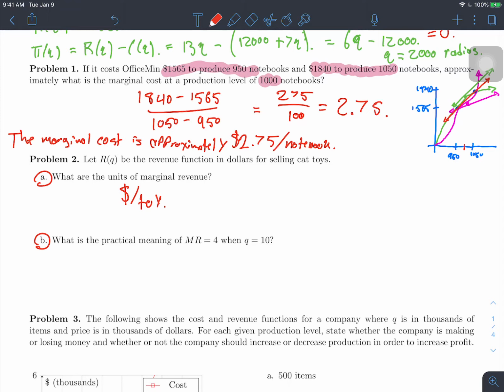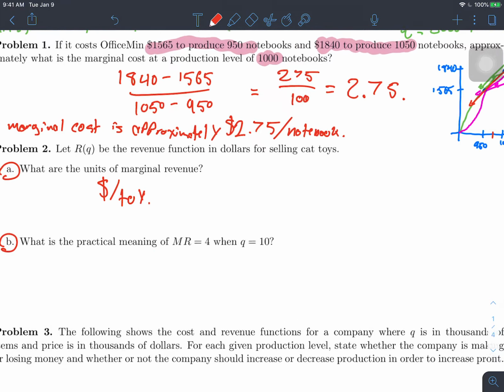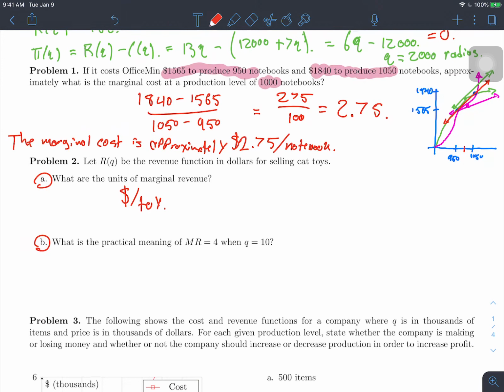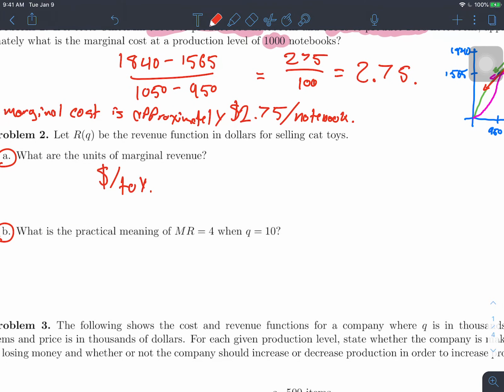Yeah, Michael again? I said how much money was being made at 10 toys sold. You're very close. That's going to correspond to the actual revenue. Remember, revenue, let me write it in a different way.